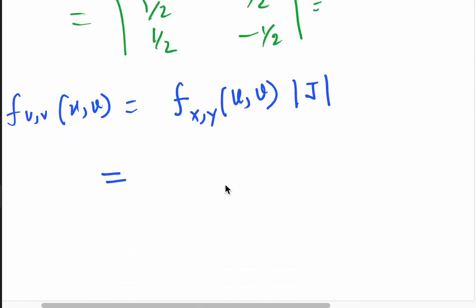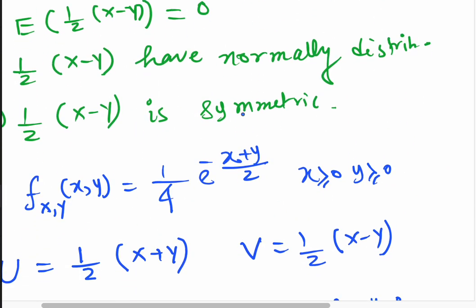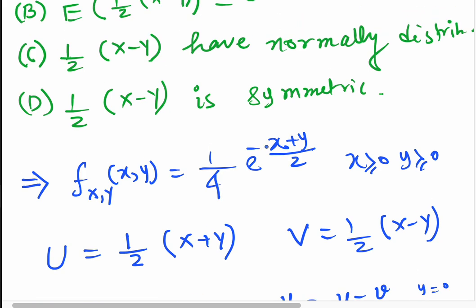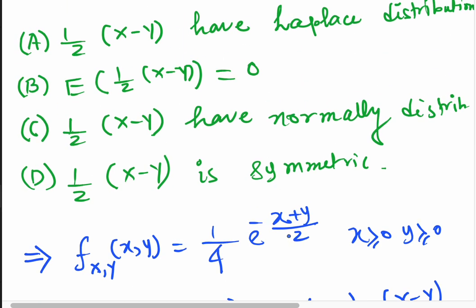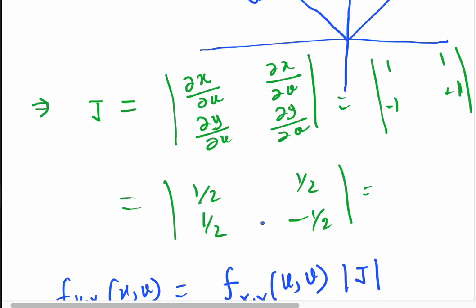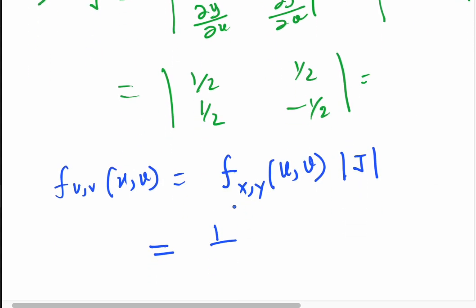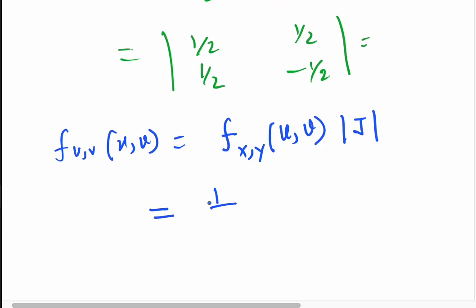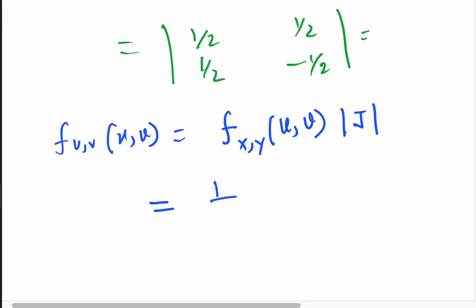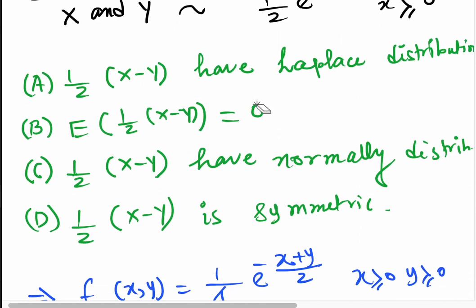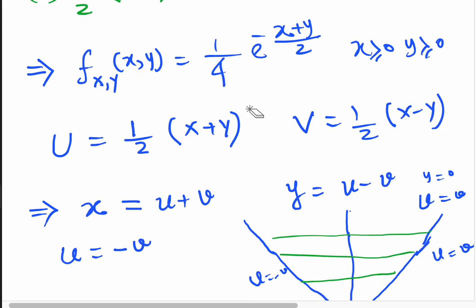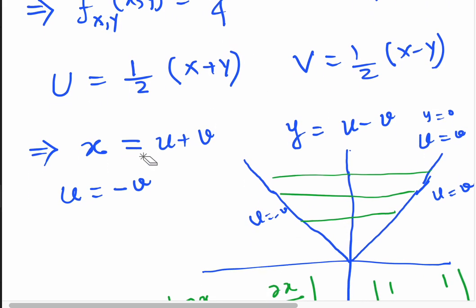So that means this distribution will look like this. If I put u and v in place of x plus y by 2, it is nothing but u, right? Okay, I did something wrong here.